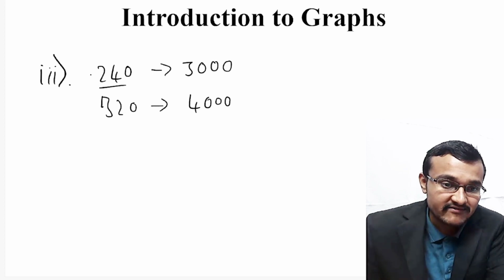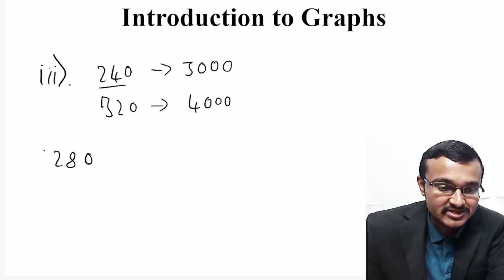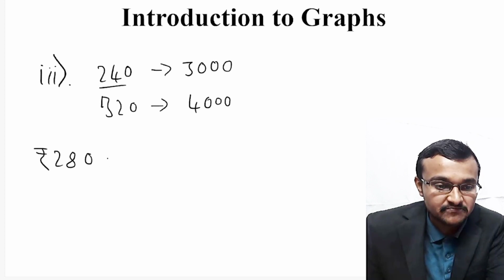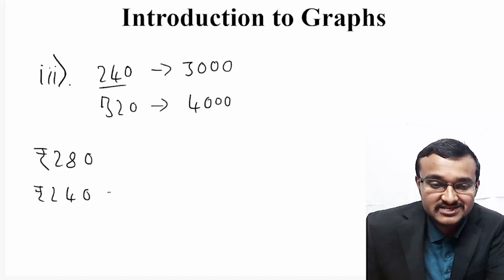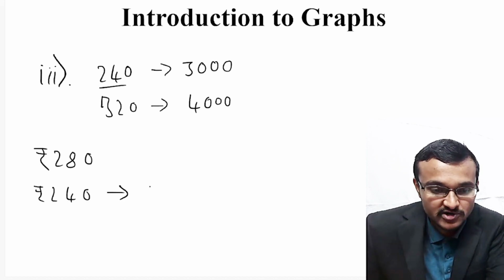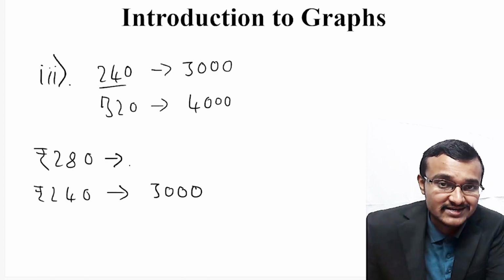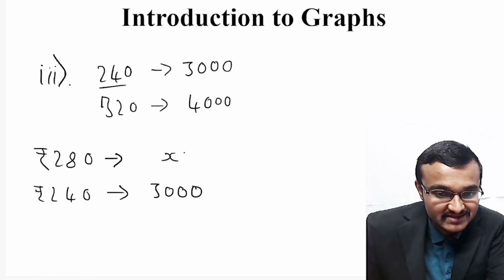Now they are asking at 280 rupees, how much deposit we should keep. These two are directly proportional. At 240 rupees we are keeping 3000 rupees. To get 280 rupees as our simple interest, what will be the value?